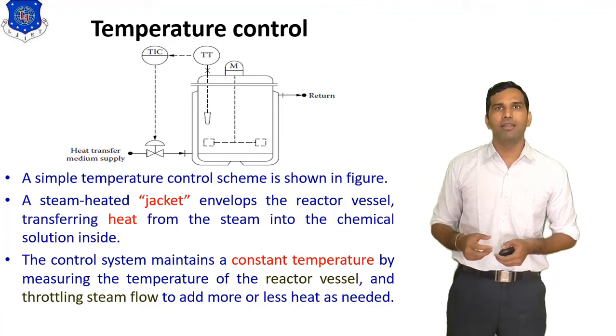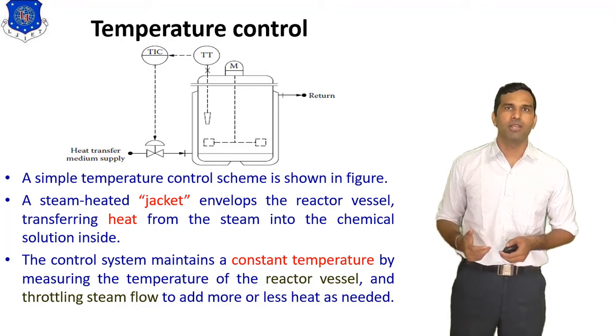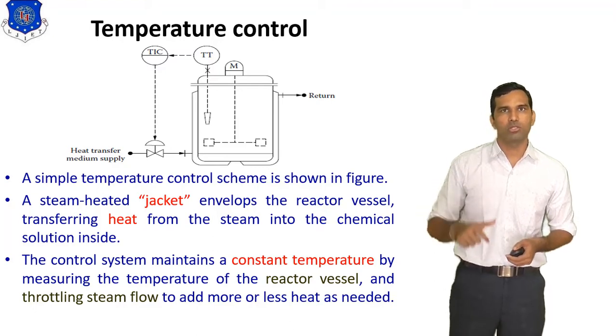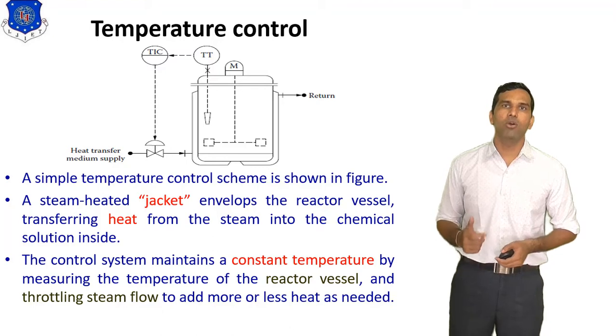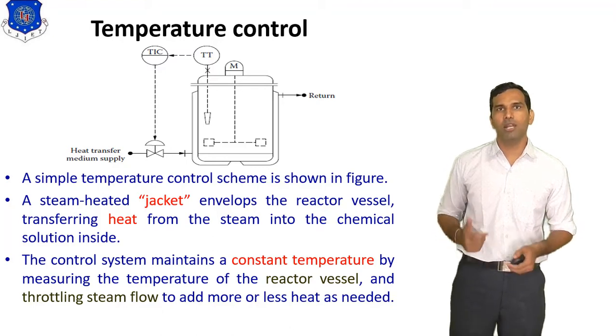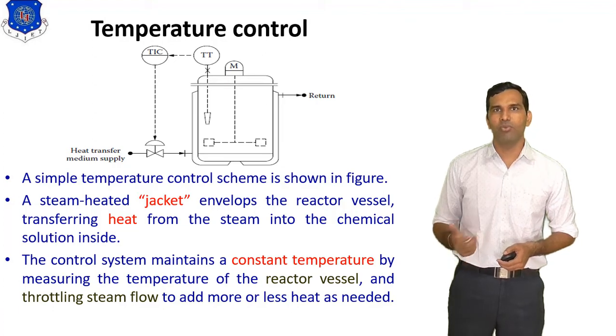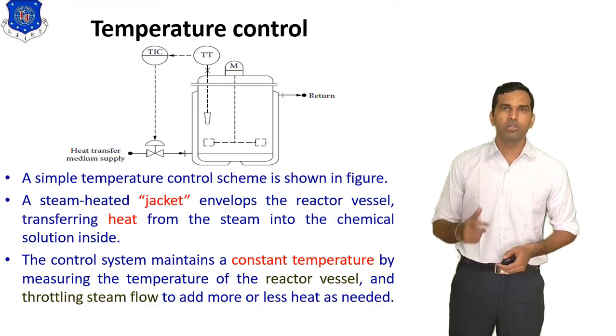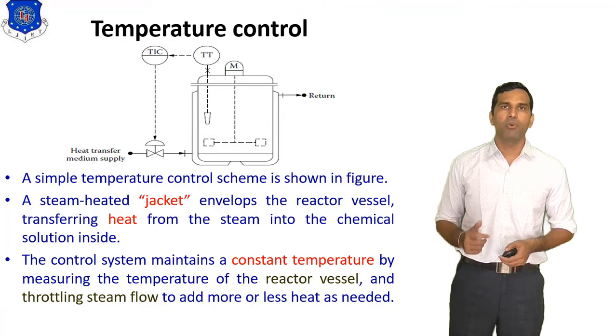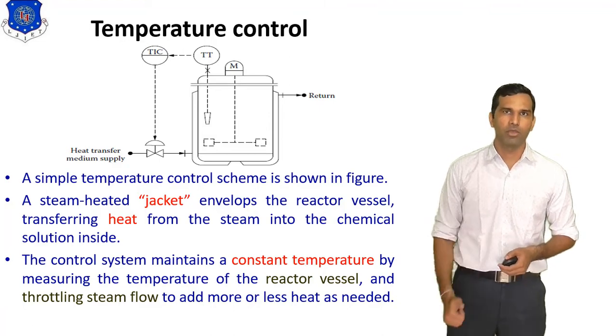If we require less heat or lower temperature, it closes the valve. By opening and closing, or throttling, the valve, we can maintain the temperature inside this vessel constant. This is a simple method of controlling the temperature.